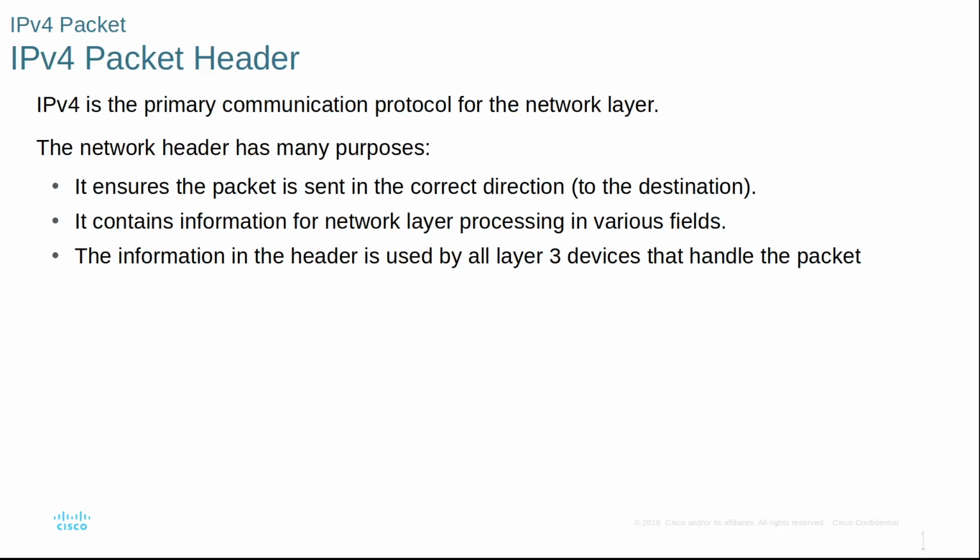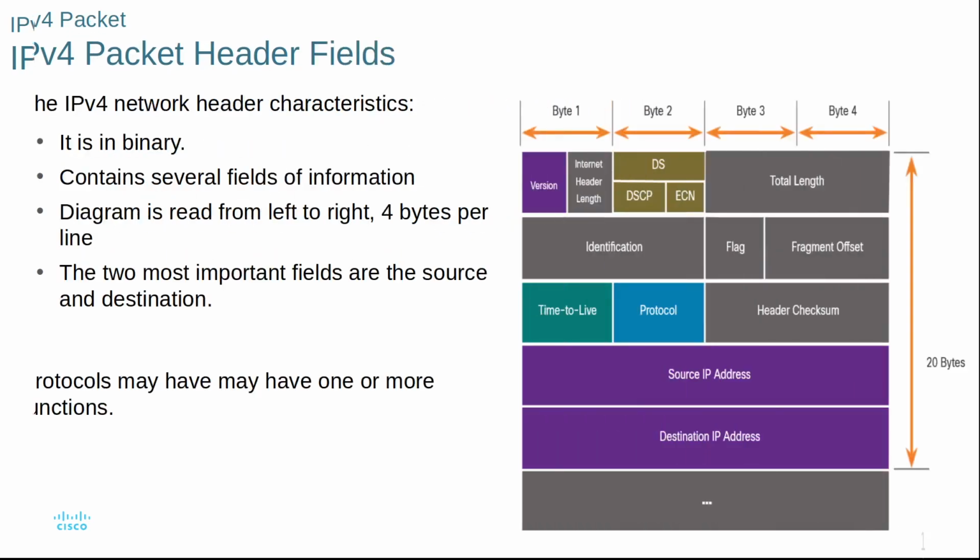It contains all the information for the various fields at the network layer, and it's used by every single layer 3 device that handles that packet. A layer 3 device being a router, typically, although it could also be a layer 3 switch. Also, PCs and servers, right? They operate at layer 3. Anything that has IP addresses is a layer 3 device.